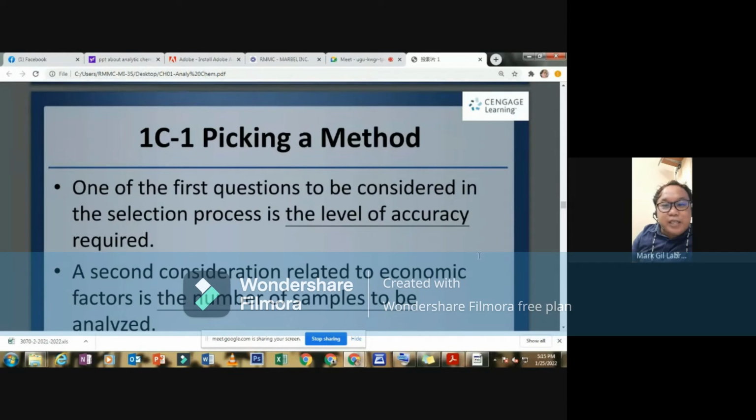Now for quantitative, usually what measurement do we use? In the quantitative analysis, especially in the liquid phase, ano yung mga units na ginagamit natin in measuring? Anybody?